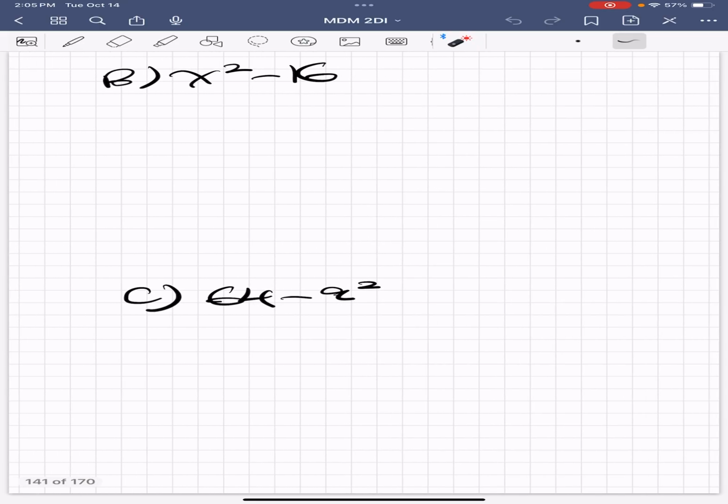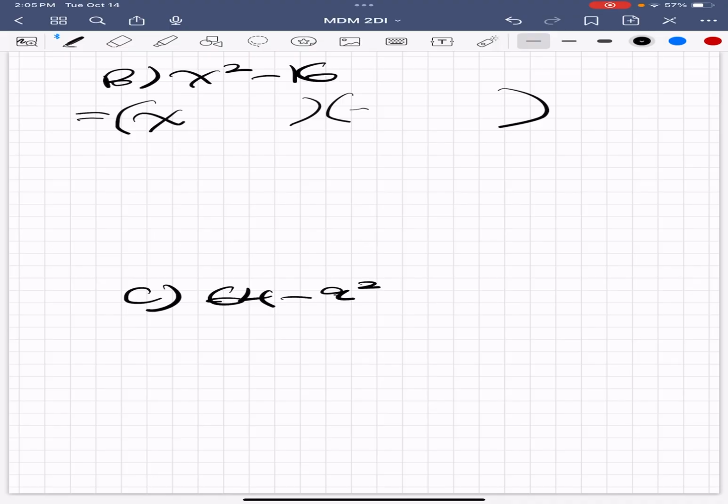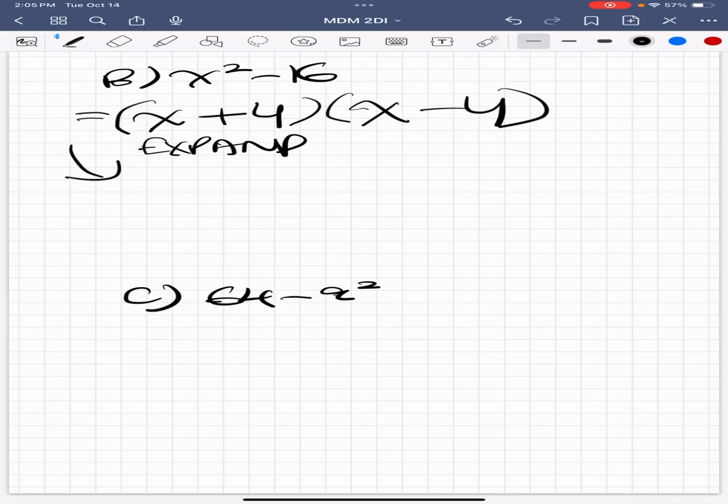Alright, moving on. So let's begin. Get our brackets ready: x plus 4 and x minus 4. If we were to expand out, we have x squared minus 4x plus 4x minus 16.